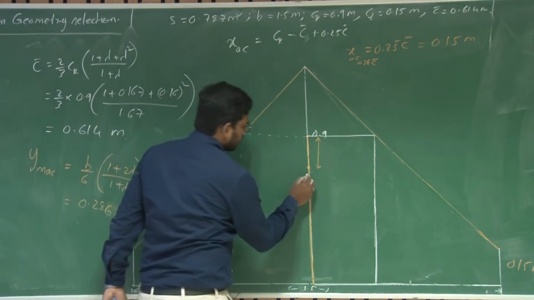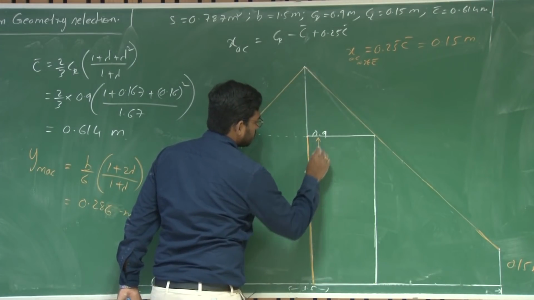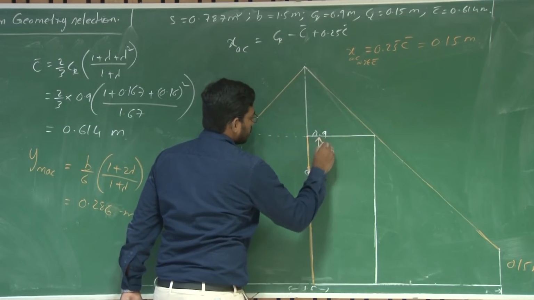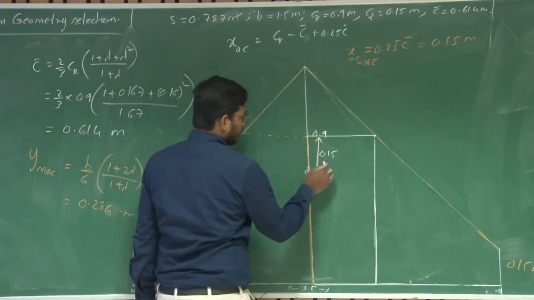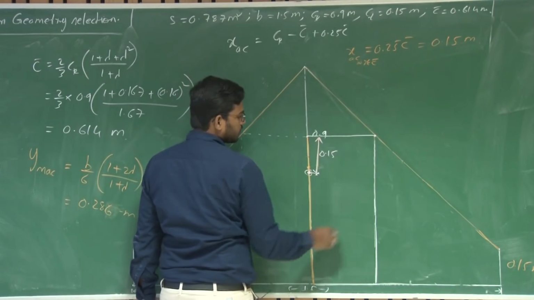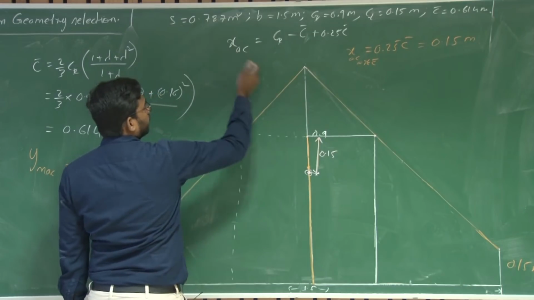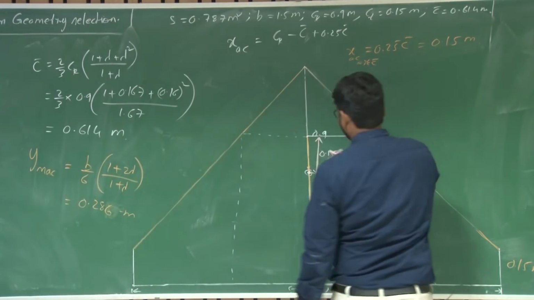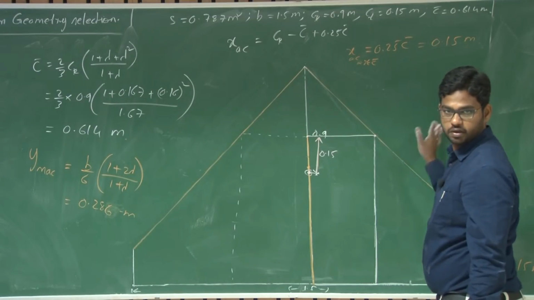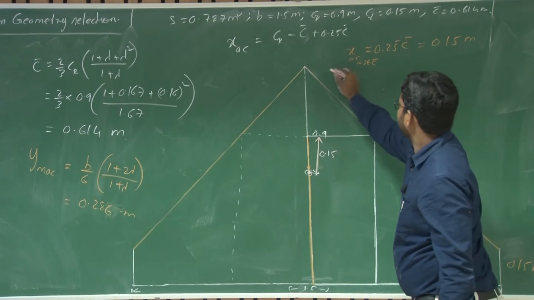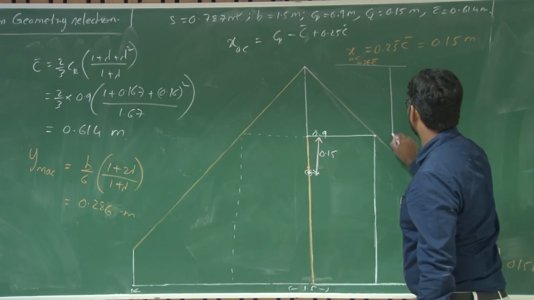So, 0.15 meters is from the leading edge of this C bar. To measure this would be difficult, since you don't know physically where this C bar is. So it is easy to mark this aerodynamic center with respect to the leading edge of the root chord.